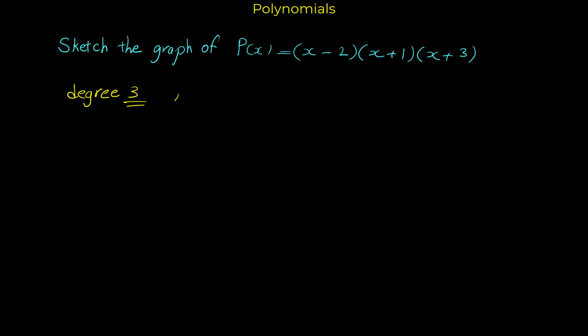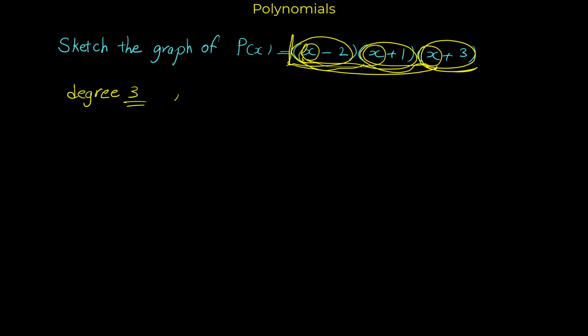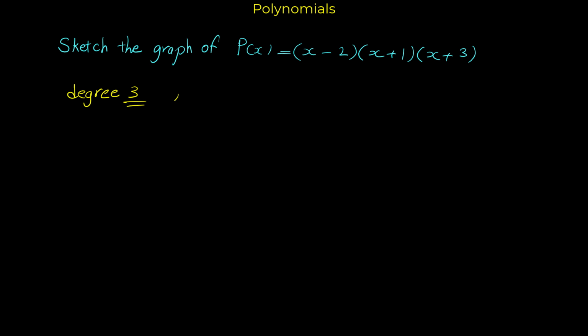After we figure out the degree of the polynomial, we look at the leading coefficient. In these brackets, we don't have any negative for x. So x times x times x would be positive x to the 3. And because the coefficient here is 1, the leading coefficient is positive.